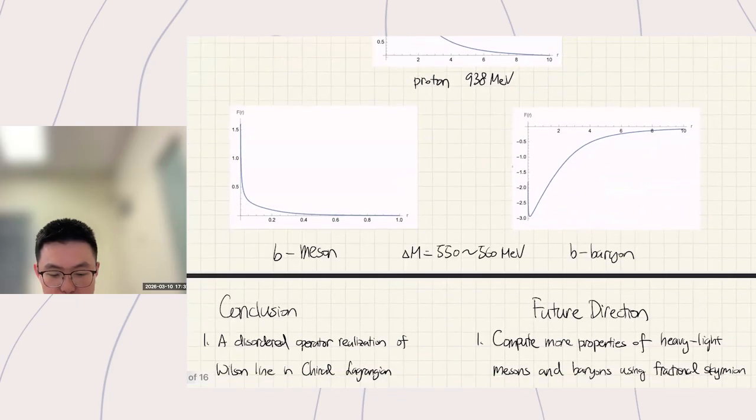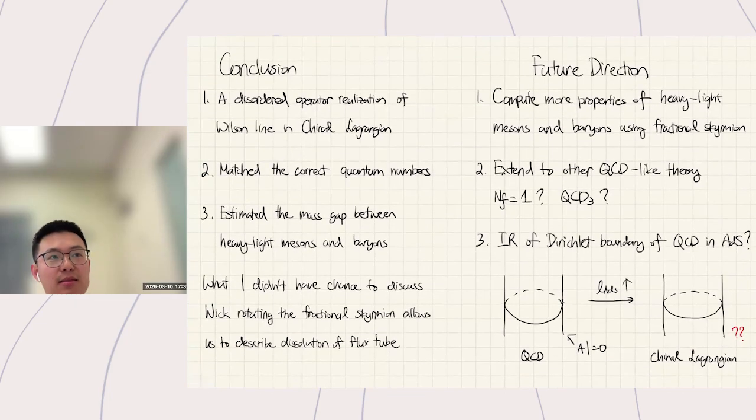Anyways, I think I already got minus 7 minutes, so let me just conclude. We describe a disorder operator realization of the Wilson lines in chiral Lagrangians, and we match the correct quantum numbers, and we also estimate the mass gap.